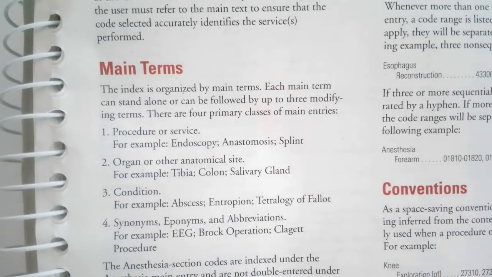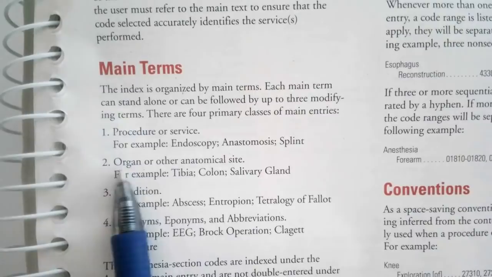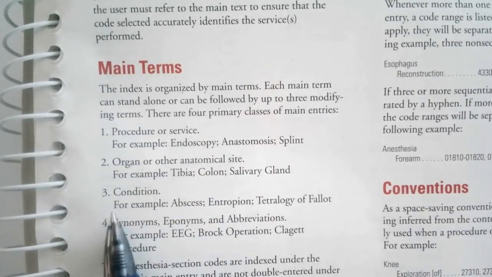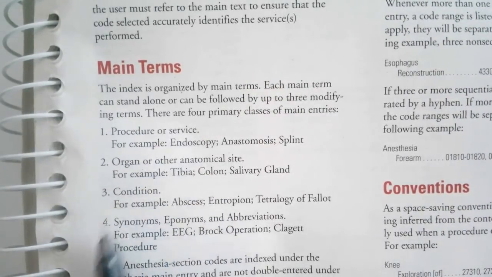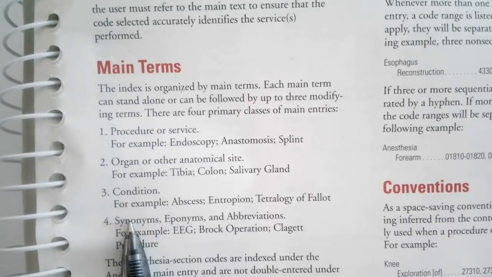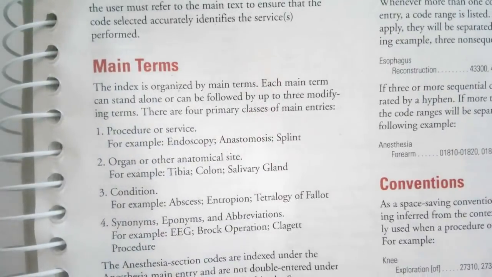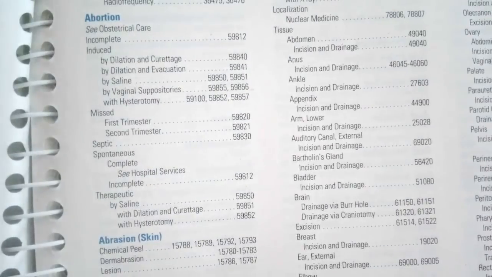One thing you must understand, each system has its own set of rules and structure and format, and so you just have to embrace what that system has to offer. So yes, organ or anatomic site, you can look up the condition, or you can look up synonym, eponym, or abbreviation. So let's turn the page and look at the format.